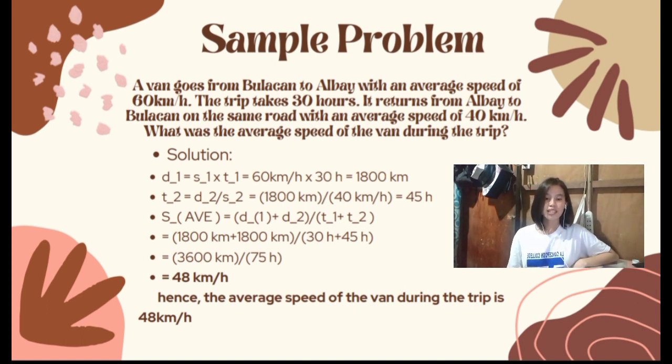So, 1,800 kilometers plus 1,800 kilometers is equals to 3,600 kilometers. 30 hours plus 45 hours is equals to 75 hours. 3,600 kilometers over 75 hours is equals to 48 km per hour. So, ang average speed ng van during the trip is 48 km per hour.